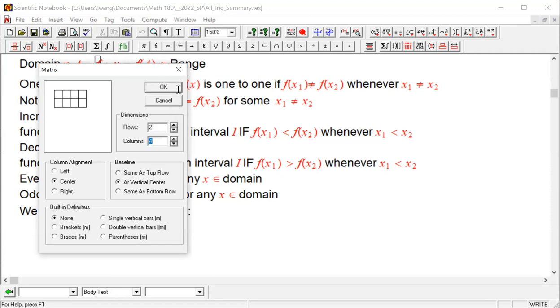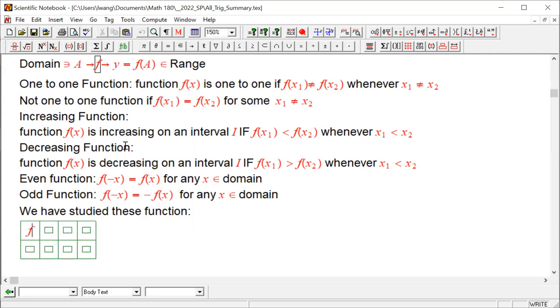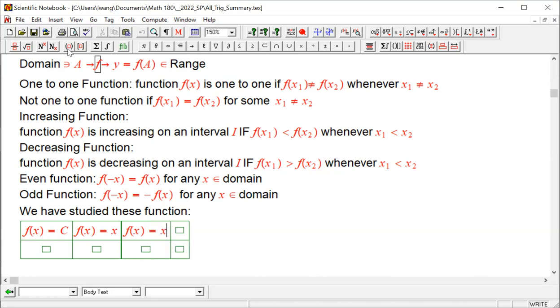We studied functions such as f of x is a constant, and f of x that is x, and the function f of x equals x squared, and f of x equals x raised to the power 3.